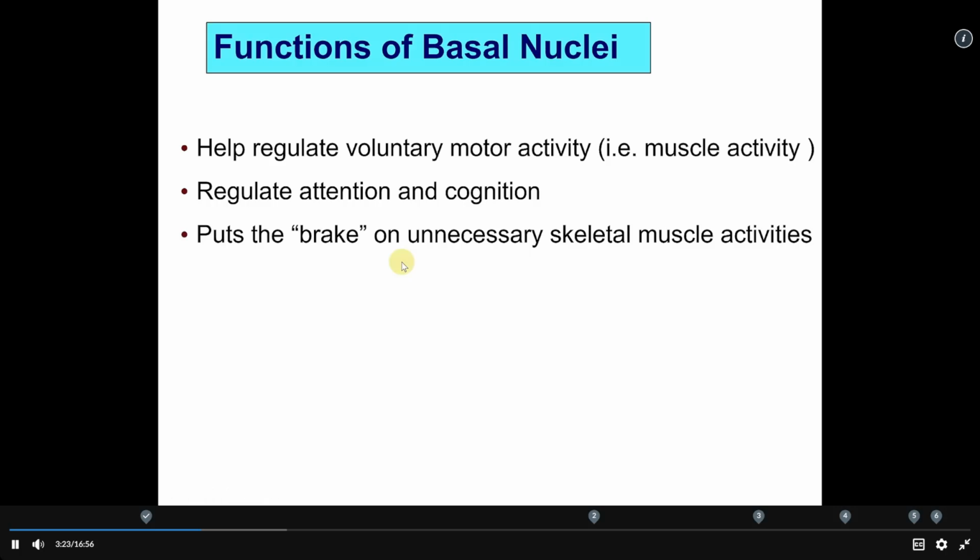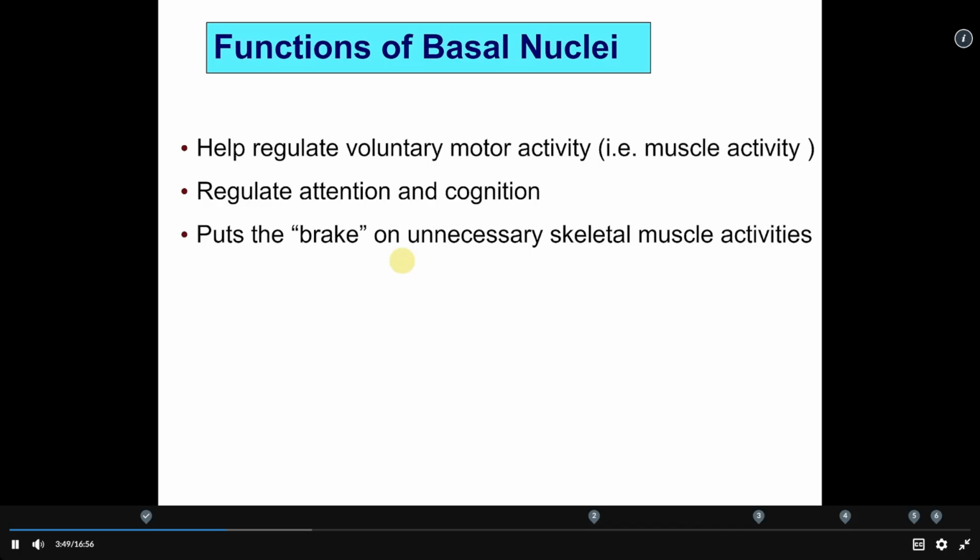So think about it this way: whenever you move, there are some muscles contracting and some relaxing. What the basal nuclei does is smooth out the movement. It cuts down a little bit on unnecessary muscle activity, which would cause that movement not to be smooth.